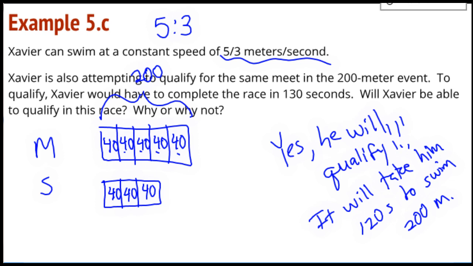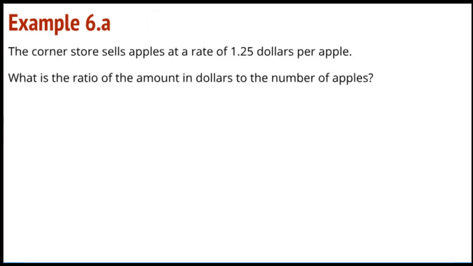All right, let's look at the next one. The corner store sells apples at a rate of $1.25 per apple. And I need the ratio of the amount in dollars to the number of apples. Now on this one, I need to notice that I don't have the fraction going on.